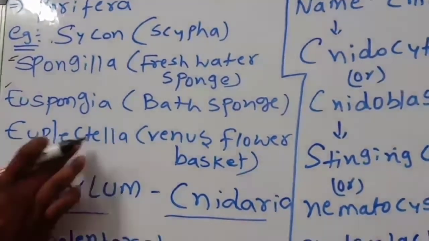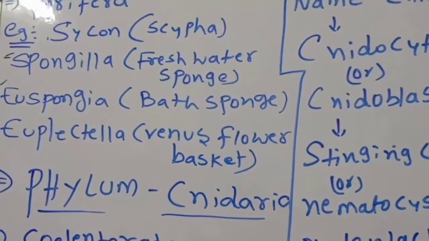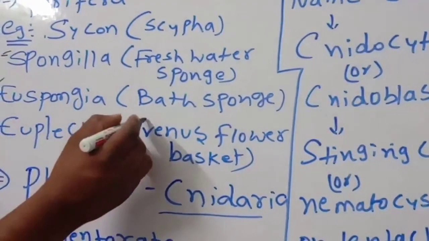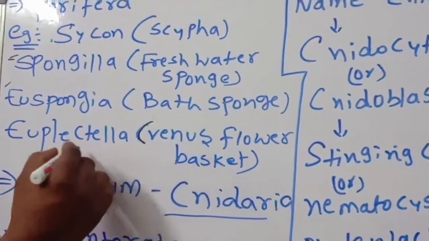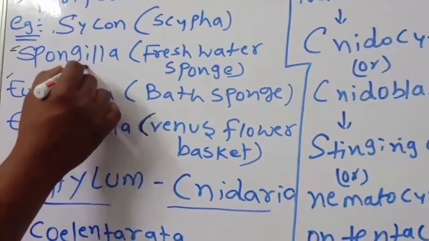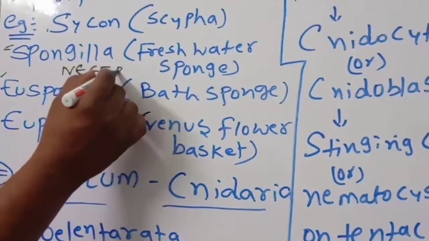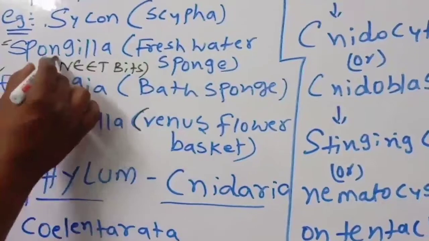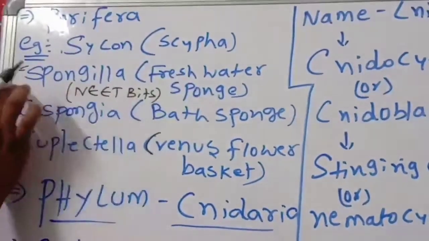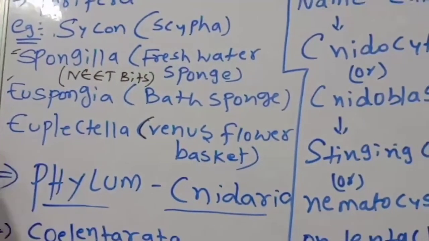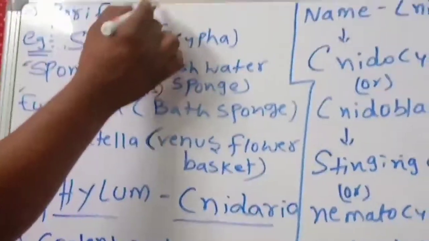Euplectella is also called Venus flower basket. These all are neat bits. You should remember Sycon, Spongilla, Euspongia, Euplectella. That is about Porifera.